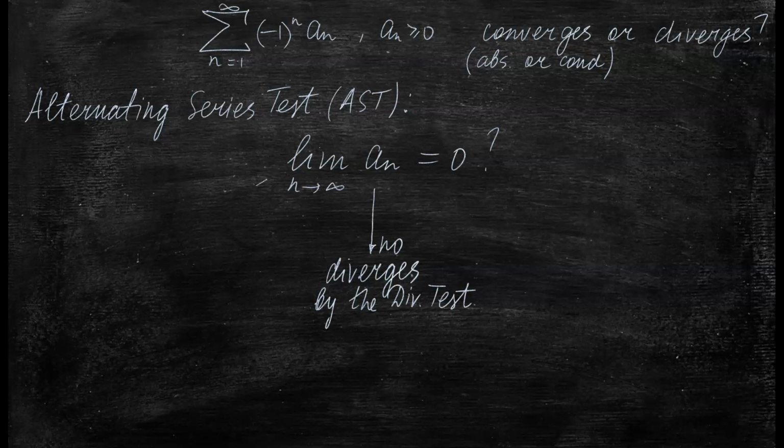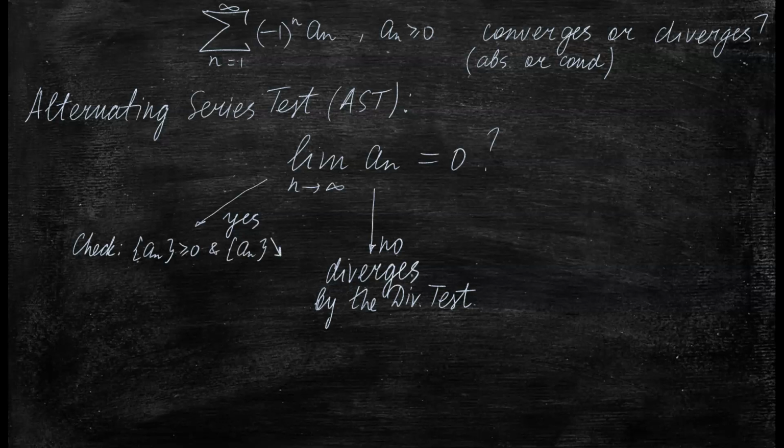Now, if the limit is equal to 0, so if you answered yes to this question, then you still have to check a couple of other conditions. Here, both of them: your sequence must be positive, and it must be decreasing.